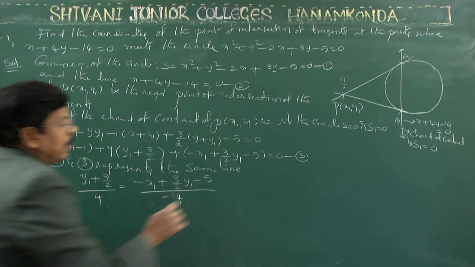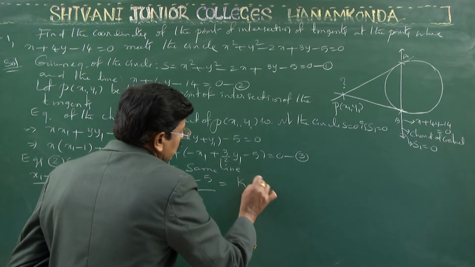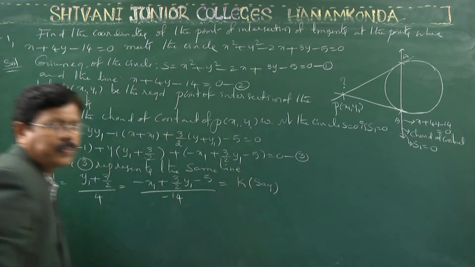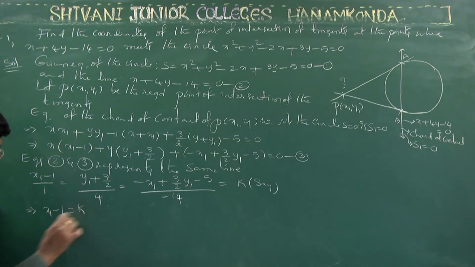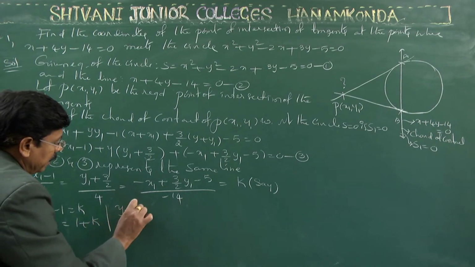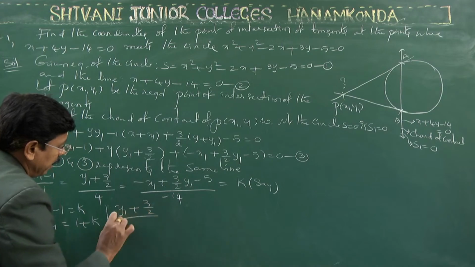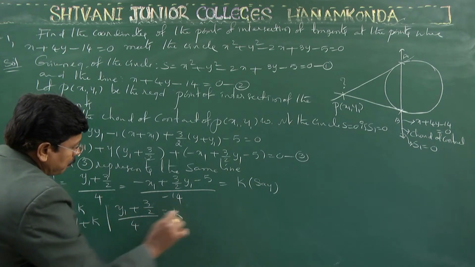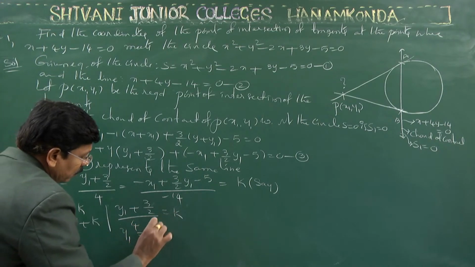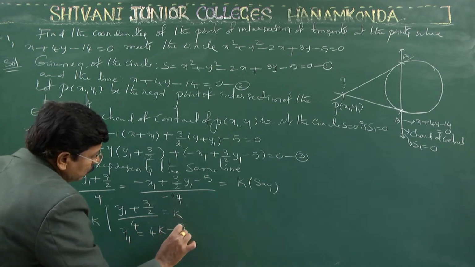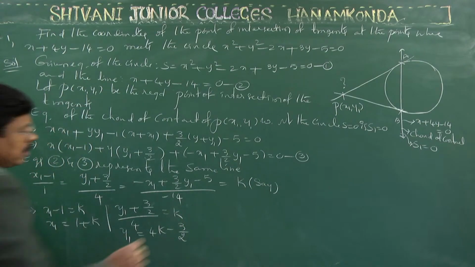Now we consider the ratio as k. The first one: x1 minus 1 is k, so x1 is equal to 1 plus k. Then y1 plus 3 by 2 by 4 is equal to k, so y1 is equal to 4k minus 3 by 2.